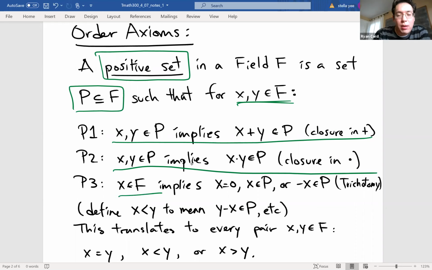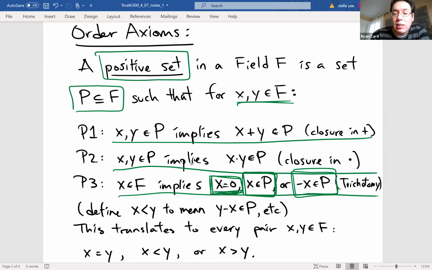And the third part is the kicker, right? So if you have an element in the field, that means one of 3 things. Either the element is 0, which means it's the additive identity, or it's in the positive set, or if it's not in the positive set and it's not 0, then its additive inverse has to be positive.